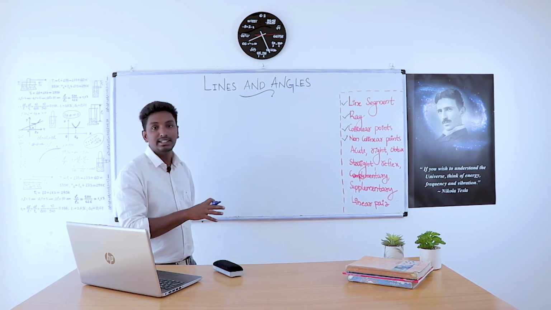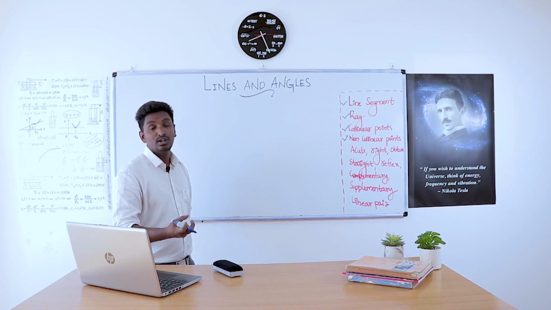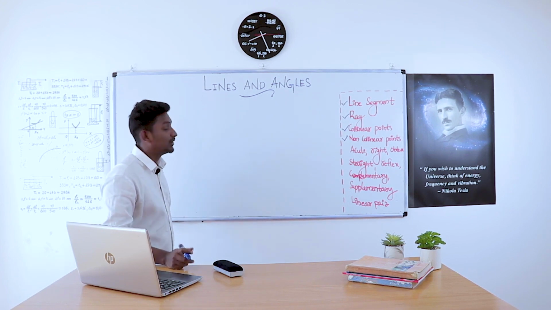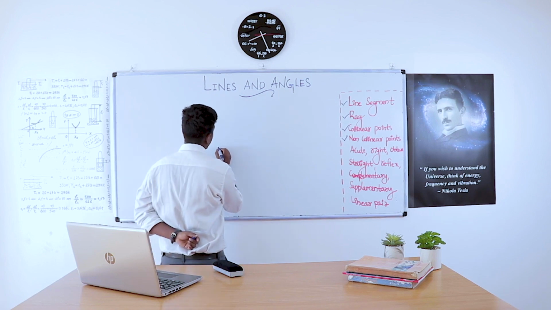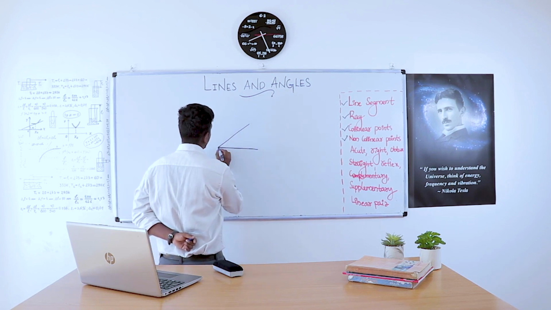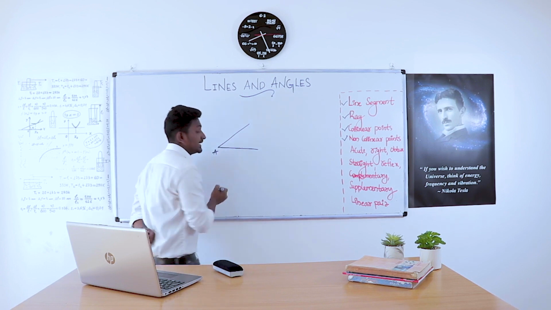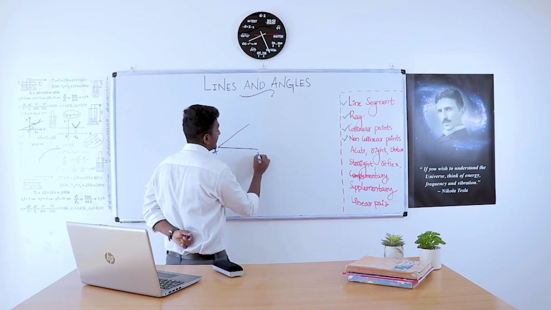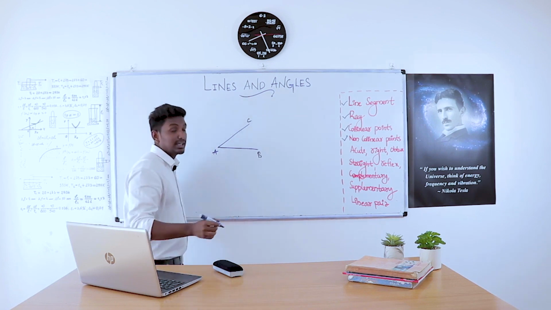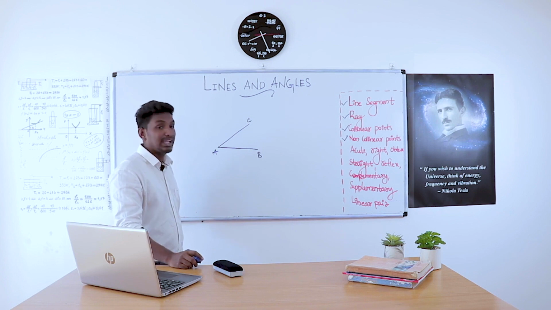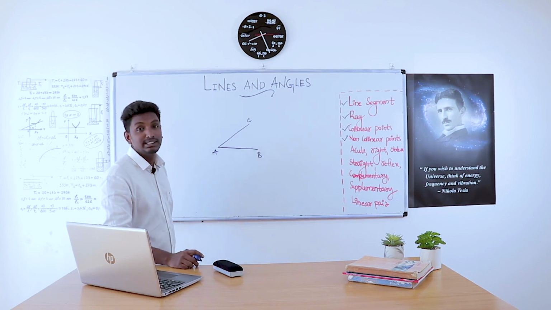Before classification, we need to know how an angle is formed. If two line segments start from the same point, consider the common point as A, and the first line segment is AB and the second one is AC.